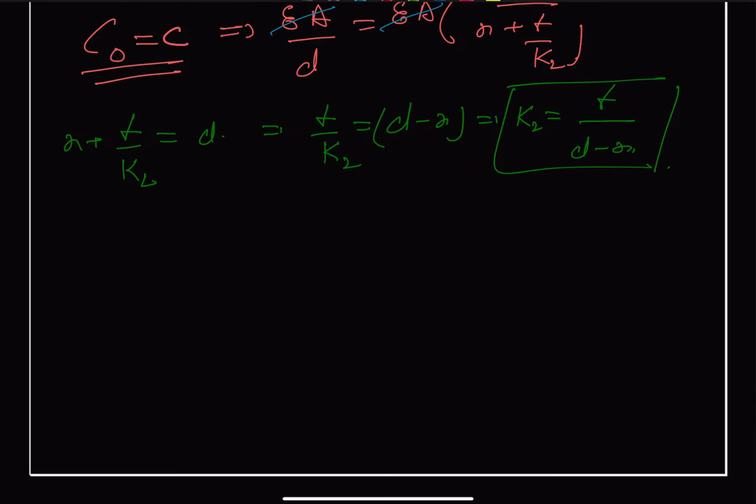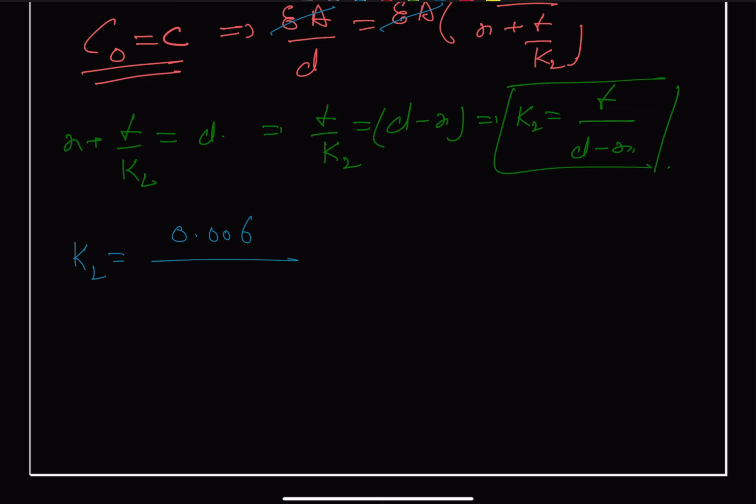So for K2, T is the thickness of the dielectric, which is given to us as 0.006, and D is the original distance.